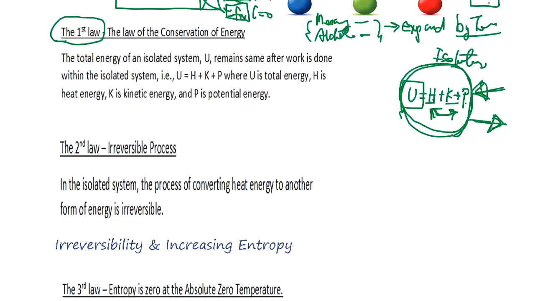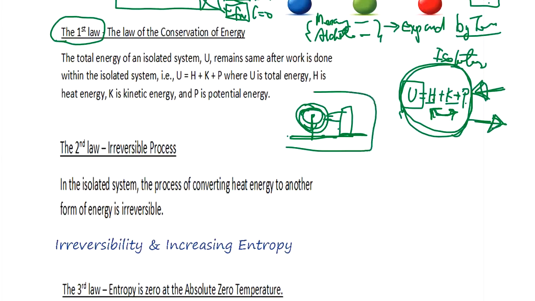So if somebody says, okay, I designed a machine that just keeps moving forever, and we take this as an isolated system, the so-called perpetual machine.